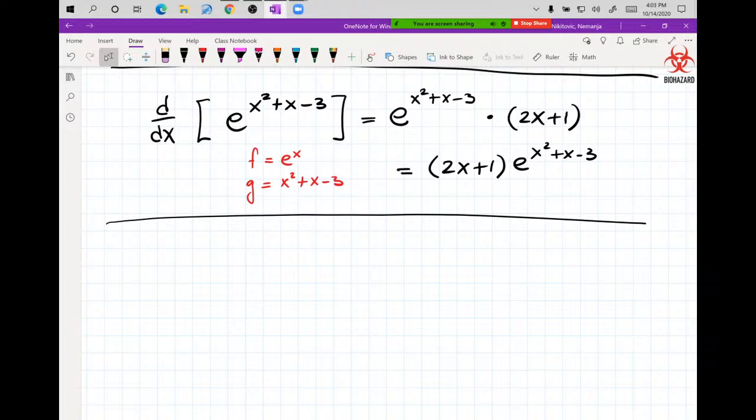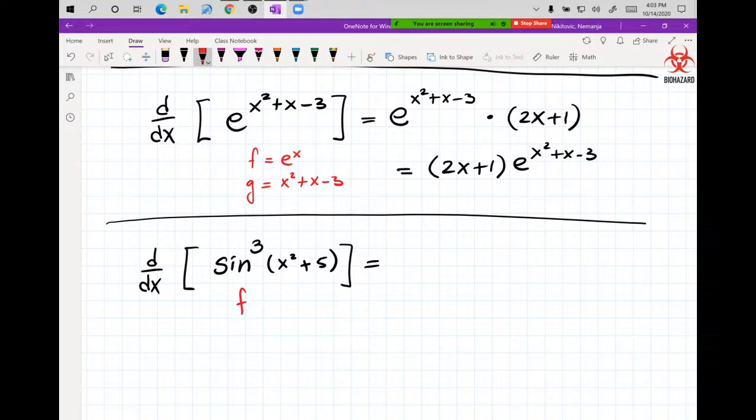In some cases, you are going to have the function to have multiple functions inside, not just 2. So that would be a little bit spicier case, where you might have sine cubed of, let's say, x squared plus 5. In this case, what would be the outer function?